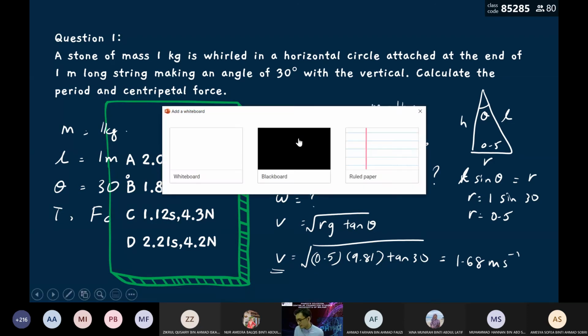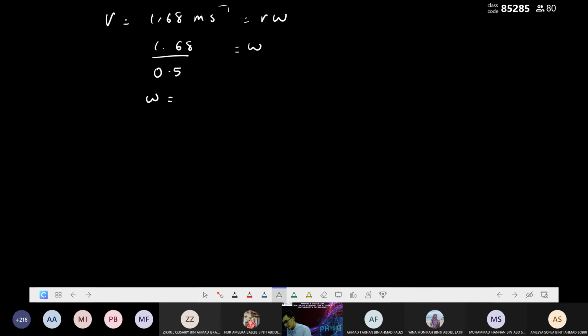Sometimes saya lebih suka guna jalan jauh lah, even ada shortcut, tapi saya lebih suka nampak. Okay, jadi this one equal to R omega, then omega is equal to 1.68 divided by our radius 0.5. Jadi our omega is 3.36.